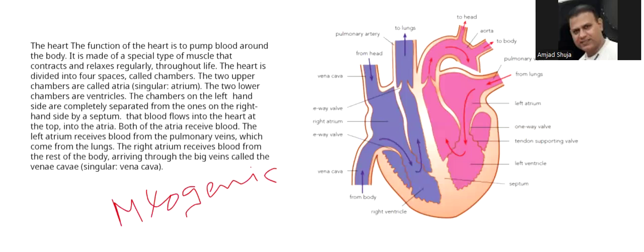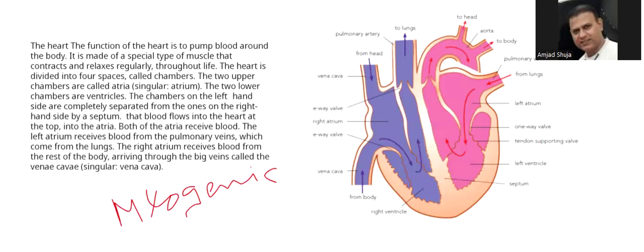Anyways, the heart is made up of cardiac muscles, cardiac tissues, and the heart has four chambers. These four chambers, as you see, the upper two chambers are small, the lower two chambers are large, and because it's a mirror image, it's a diagram, it will always be inverted.